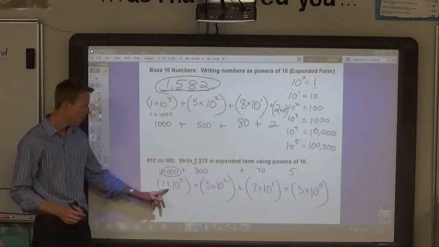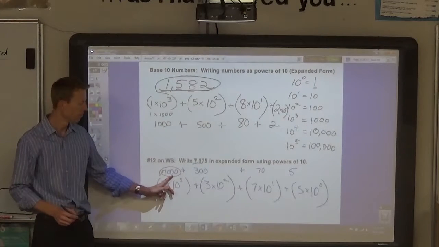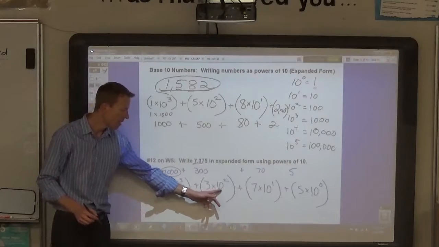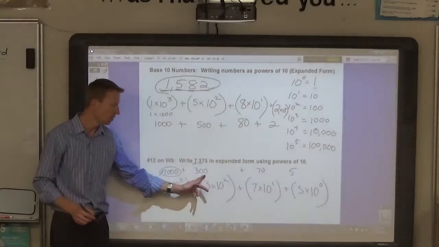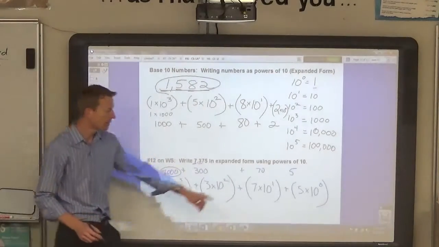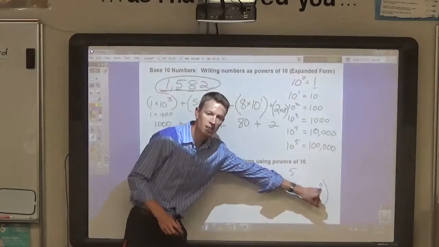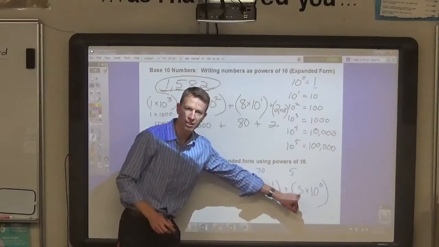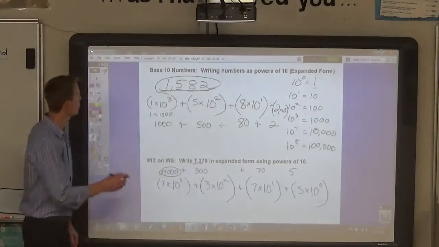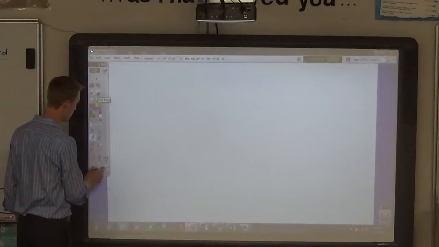So 7 times 10 to the third power gives us 7,000. And 3 times 10 to the second power gives us 300. And so on and so on. The last digit, the ones place, was 5 times 10 to the 0 power, because that equals 5. So that was the first part of the chapter.